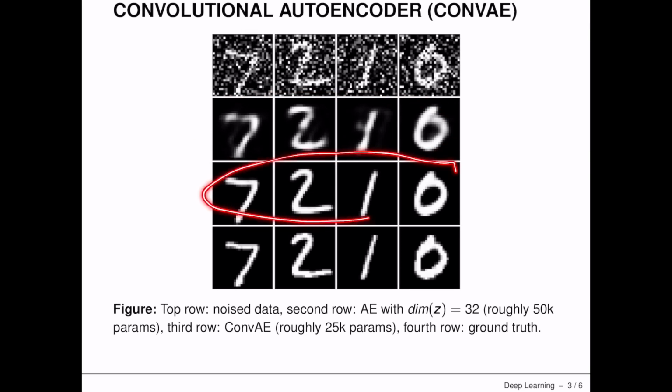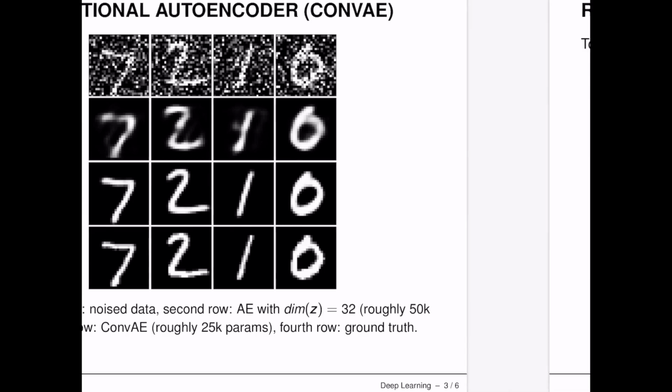And here we see the results of a convolutional autoencoder, which has much fewer parameters compared to the standard autoencoder but leads to much better results. The last row shows the original data. So we see that the convolutional autoencoder almost produces a perfect reconstruction. This demonstrates that convolutions are, of course, again an advantage when we use image data.